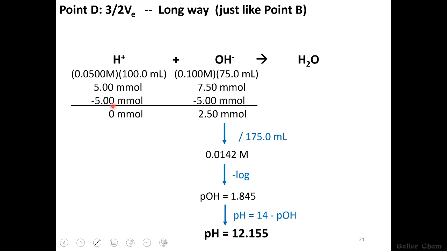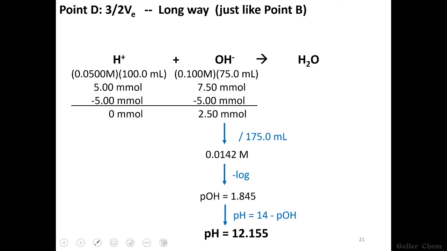So we run out of protons and we're left with 2.50 millimoles. We would then divide by the total volume of solution, which at this point is 175, find the molarity of hydroxide, negative log to find pOH, subtract from 14 to find pH.